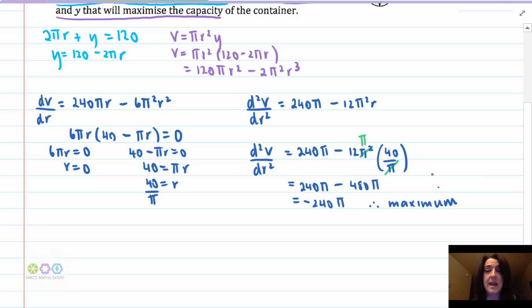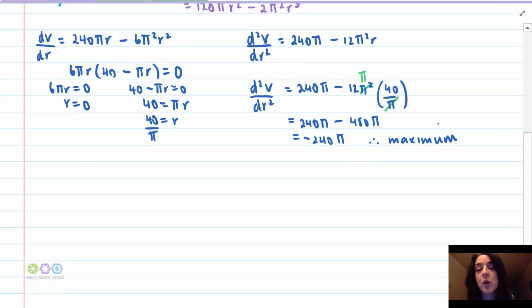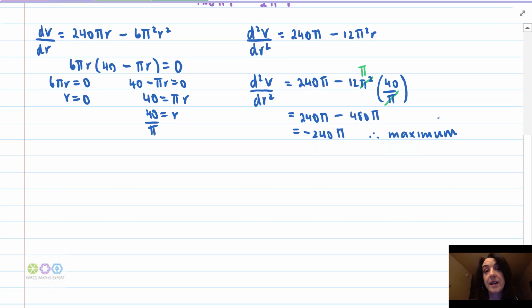So we've done all the calculus, all the justifying to show that the solution that maximizes the capacity of this container is a radius of 40 on pi. So now we just need to answer the question being what is the radius and what is the length of this container. So therefore, the radius is going to be 40 on pi centimeters.